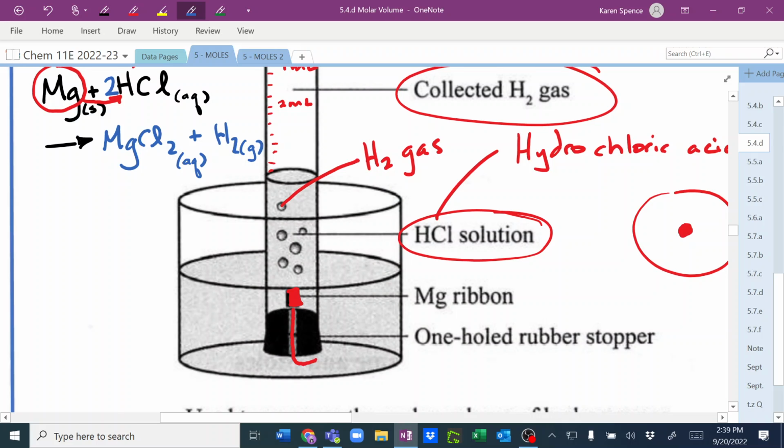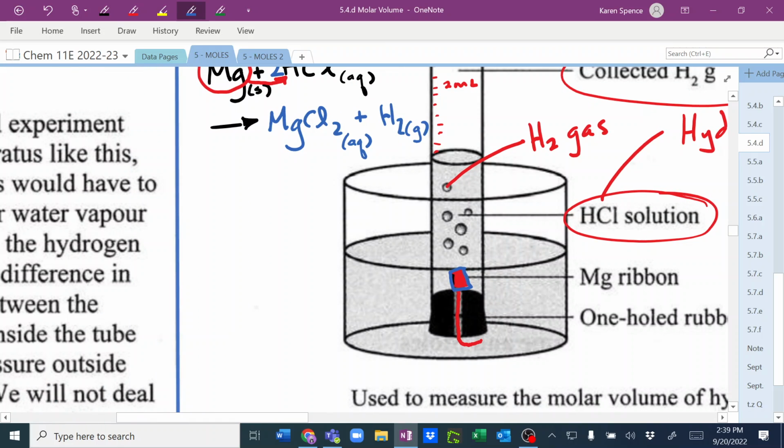So I would need a 2 there. Anything else? We're good. So what you would do is you would actually react this until all the magnesium is gone. Yes? Let's say you started with 5 grams of magnesium. This is like going into 3 units from now, okay? You could find the moles of magnesium that were reacted, yes?